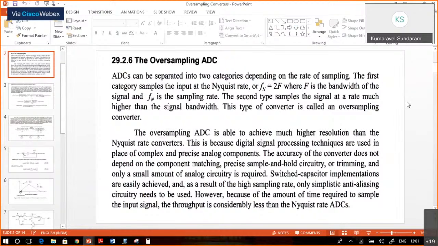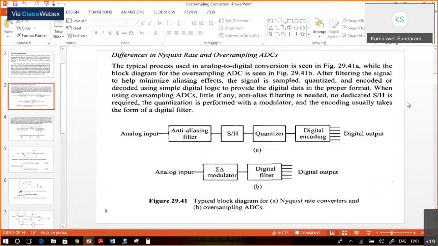Nyquist rate is 2f, whereas for oversampling, the sampling is done at a much higher rate. We go for oversampling ADCs mainly to increase the resolution of the ADC, and at high speed we can also realize a very high speed ADC using oversampling analog to digital converters.